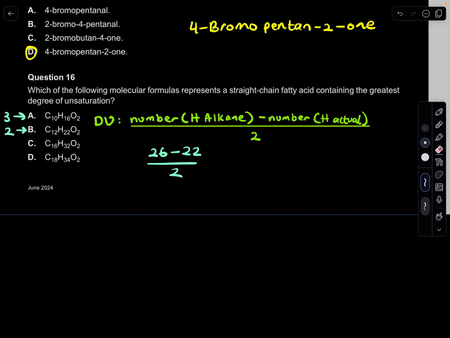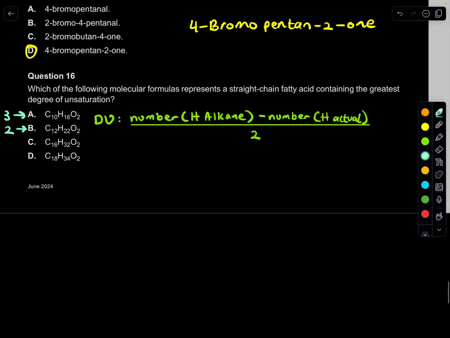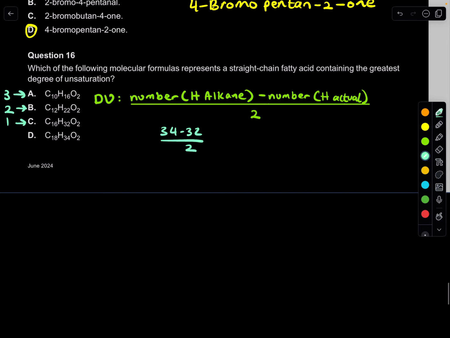You just keep doing that and see which one has the highest degree of unsaturation. Next one is 16 times 2, which is 32, plus 2 is 34, minus 32, divided by 2. That gives you 1, so it has only 1 carbon-to-carbon double bond. And the other one: 18 times 2 is 36, plus 2 is 38, minus 34, divided by 2, gives you 2.